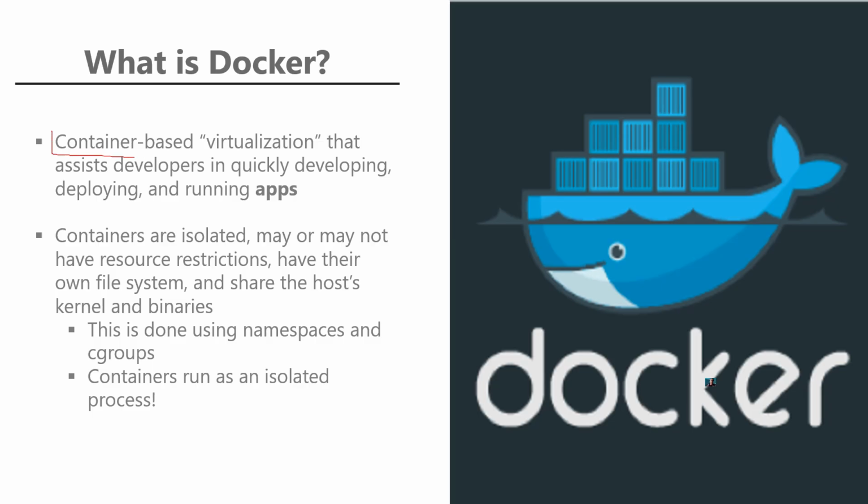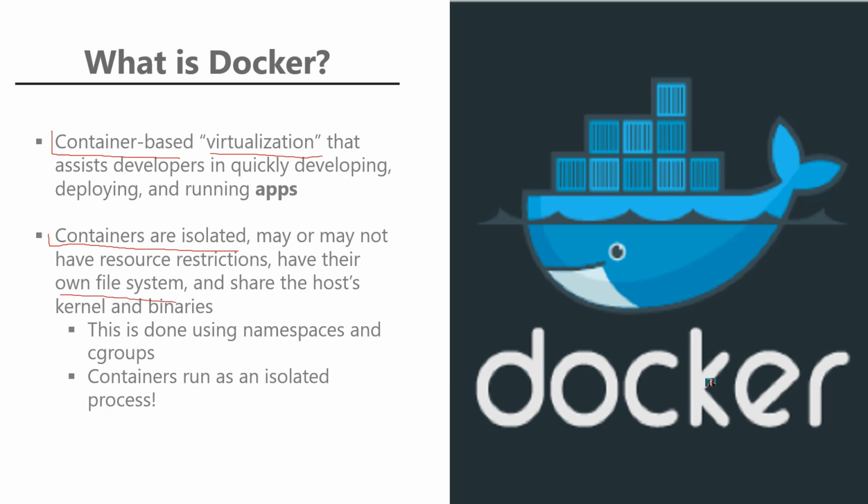It's a container-based virtualization tool that assists developers in quickly developing, deploying, and running applications. Like we discussed before, containers are isolated, may or may not have resource restrictions, have their own file system, and share the host kernel and binaries.